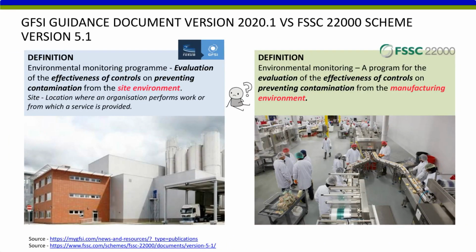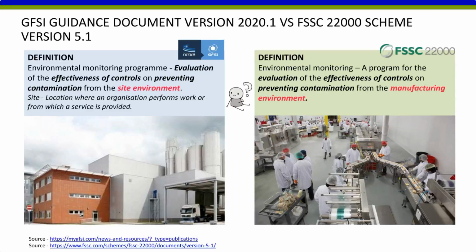So the GFSI guidance document is version 2020. And then we have the FSSC 22000 scheme version 5.1. This version needs to comply with the GFSI guidance document, and inside it needs to have environmental monitoring.